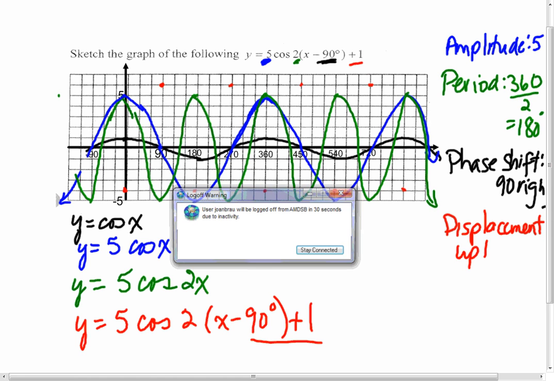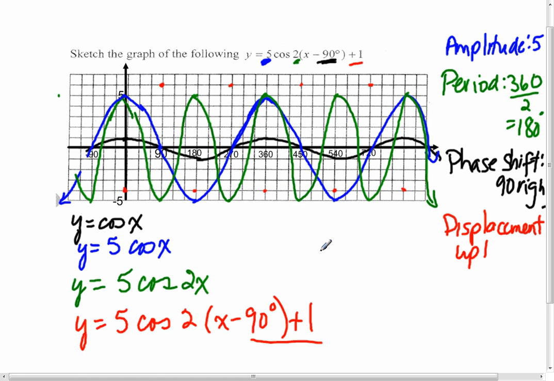There. I have my highs and my lows. Let's graph it as smoothly as we can.